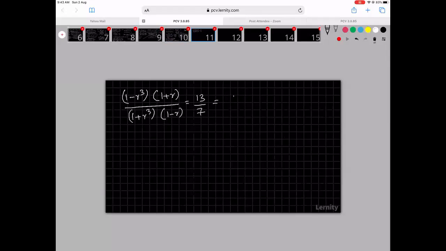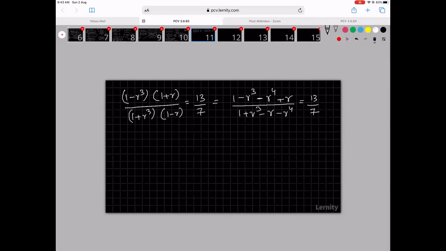So this will become 1 minus r cubed minus r cubed minus r power 4 plus r divided by 1 plus r cubed minus r power 4 is equal to 13 by 7.